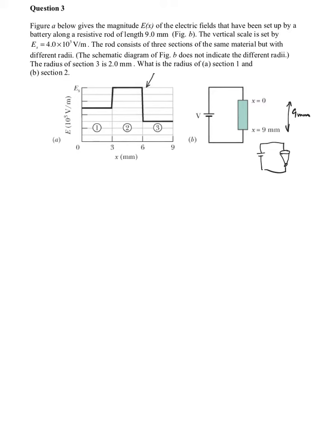You can see there are three regions: this region here, this region here, and this region here. They all have different radii, but the resistivity is going to be the same in all those regions, because it's the same material. So let's just say for this question that the resistivity is constant.